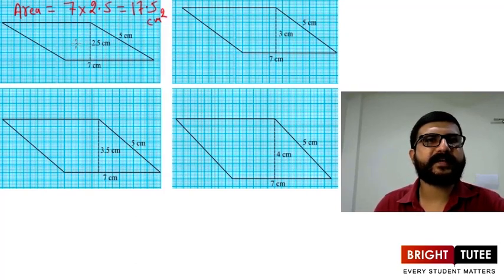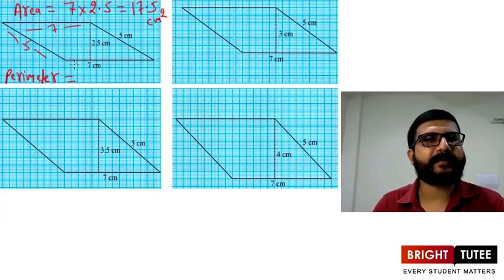Now what can we say about its perimeter? Its perimeter will be equal to sum of all the side lengths. Now here, as we can see, one of the side lengths is 7 and one of the side lengths is 5 centimeters. Now the side length opposite to this 7 centimeter will also be 7 centimeters, because in a parallelogram opposite sides are equal. So therefore this one is also 5.